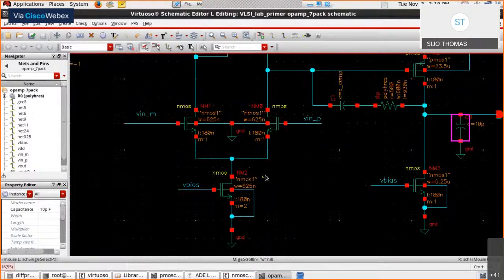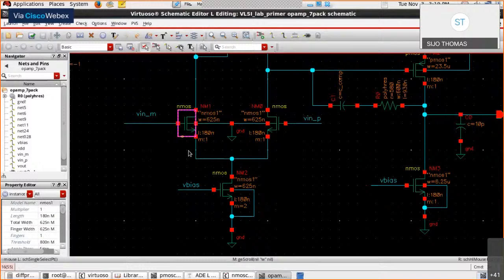Whatever current is flowing through the transistor NM1, I denote as ID1, and the current flowing through NMOS NM0, the input transistor on the right, as ID2. Since we are considering identical conditions for ease of calculation, the current flowing through each half of the circuit is equal, ID1 equals ID2 equals ID.